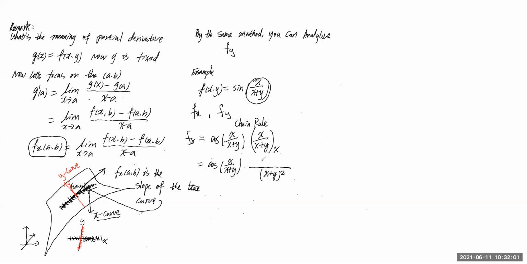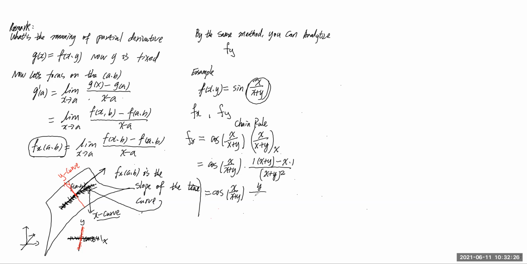Y is a constant. So in terms of x, you get 1 multiplied by (x plus y) minus x. Differentiating this, the derivative of x is 1. The derivative of y in terms of x is 0. That's why it's 1. So this is cosine(x plus y), and try to simplify this.